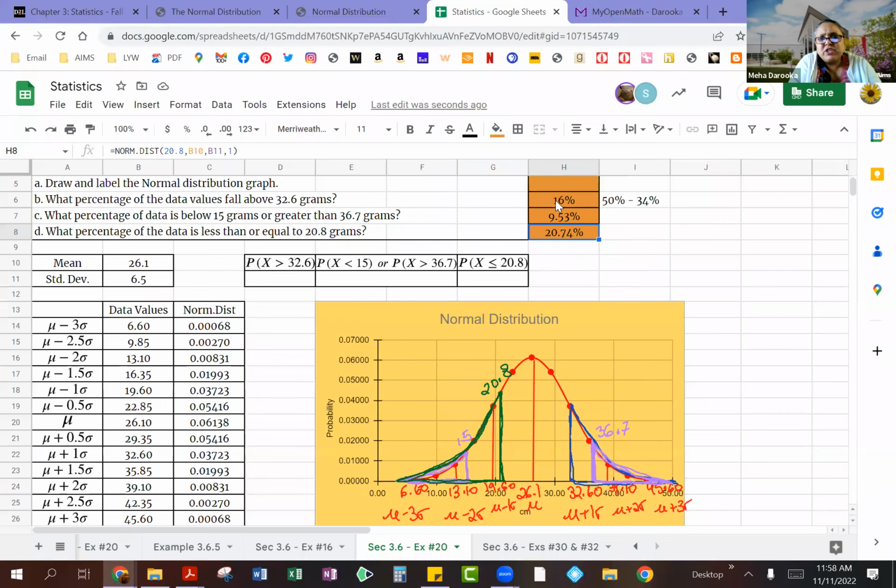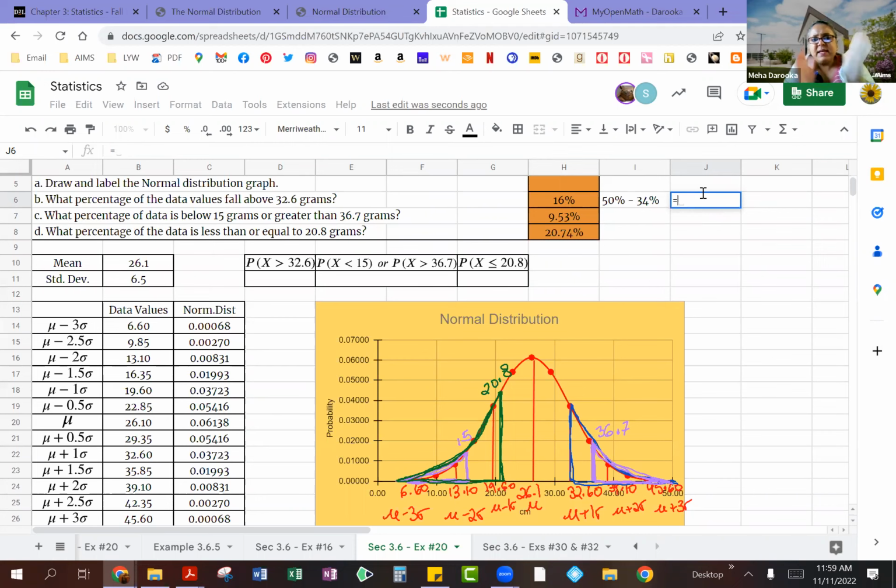And I wanted to actually show you even for that first one here where we did the 16%, if you also used your norm dot distribution in this, you would still get an answer. It would probably be a little bit more accurate than that. So I'm going to show it to you on the box to the right here.